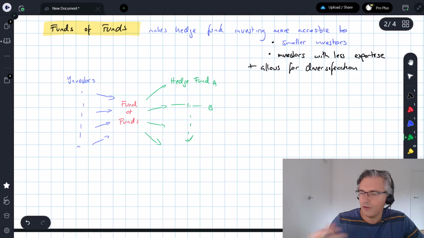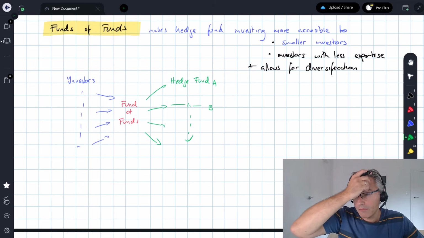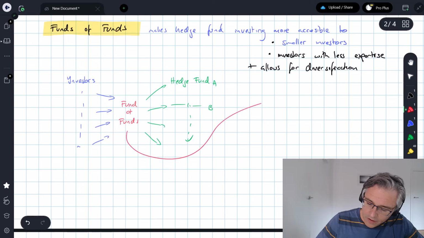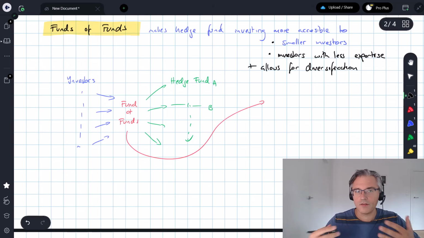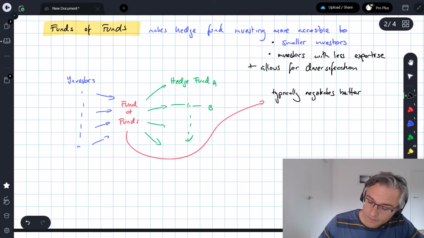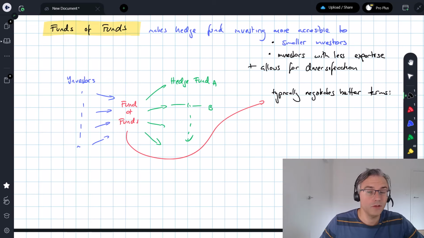Now, it's not just diversification that we get here, because very often that fund of funds uses its weight to negotiate better terms than would be possible for the individual investors to negotiate.